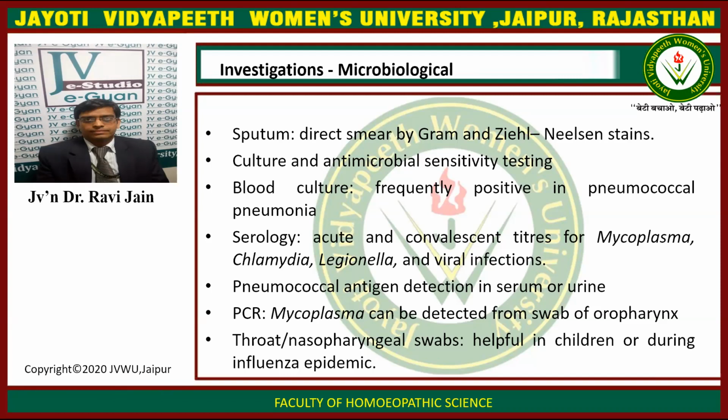Pneumococcal antigen detection in serum or urine. Polymerase chain reaction: mycoplasma can be detected from a swab of the oropharynx, throat or nasopharynx. It is helpful in children or during an influenza epidemic.